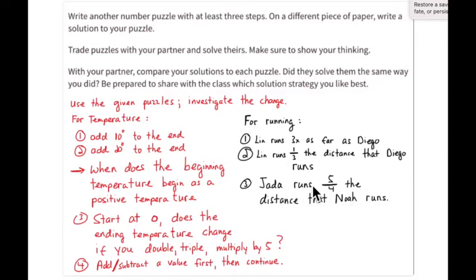So Jada's going to run 5/4 the distance that Noah runs. It begins to force you to work with that fraction, understand the improper fraction, and understand what that relationship is to Noah's run. You're going to divide Noah's run into 4 equal parts, and it's 5 times one of those equal parts to get Jada's run. 4 of them will give you Noah's run.